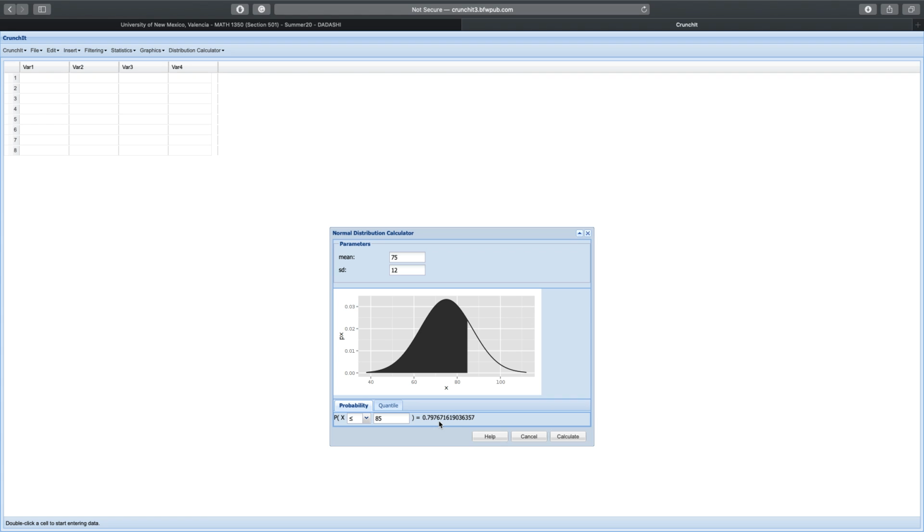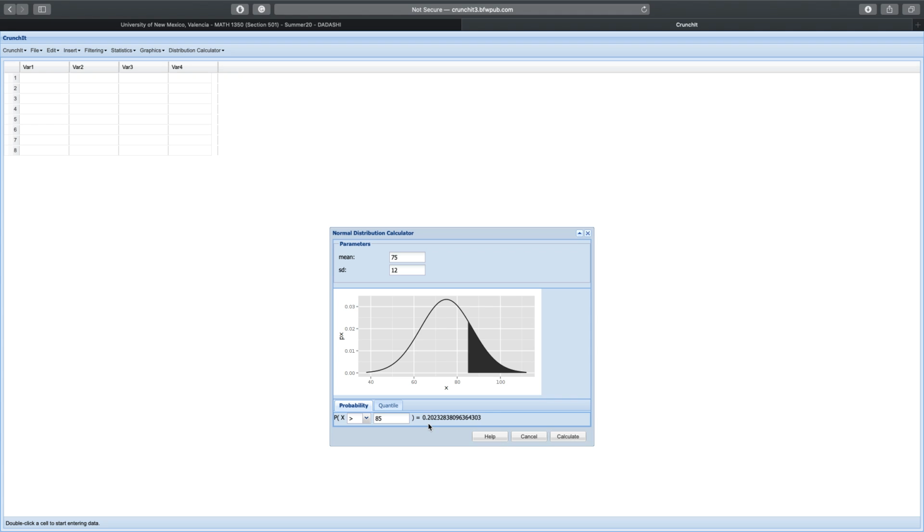to 85. And if I want to see what percent of test scores are greater than 85, I can change the sign here and calculate that. And as you see, the shaded area now moves to the upper side and it shows the right side of 85.